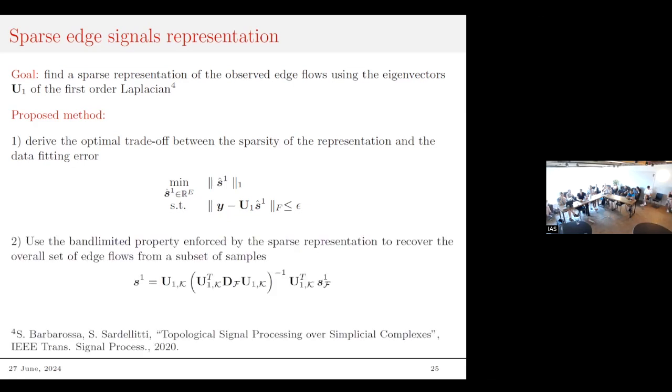Using this band limited representation, I can recover the edge signal from the observation of the edge signal of a reduced number of edges. We propose this strategy in this paper here.